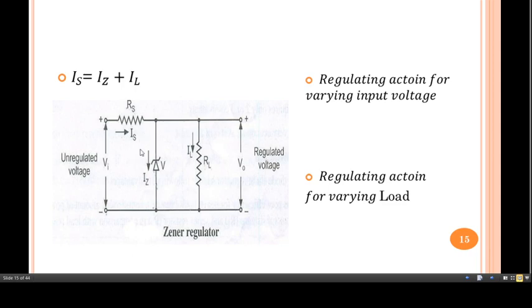We can observe from this diagram that Is is equal to Iz plus IL. Now the regulation action of this Zener regulator can be studied under two different conditions. First is regulating action for varying input voltage, and second is regulating action for varying load.